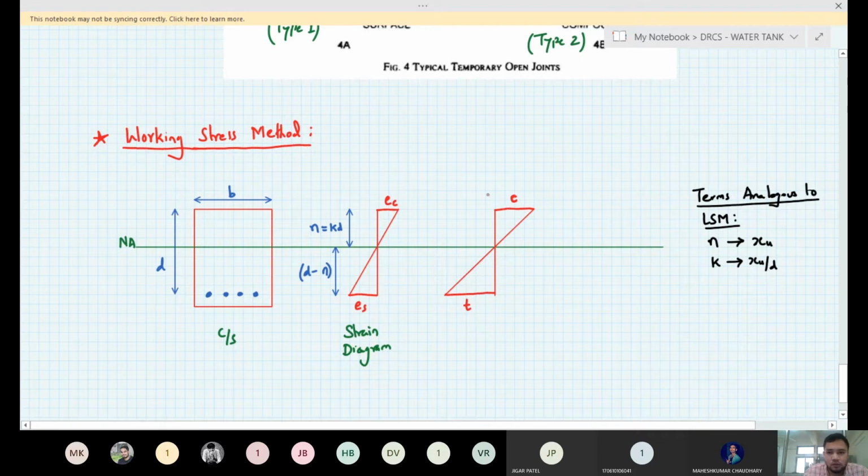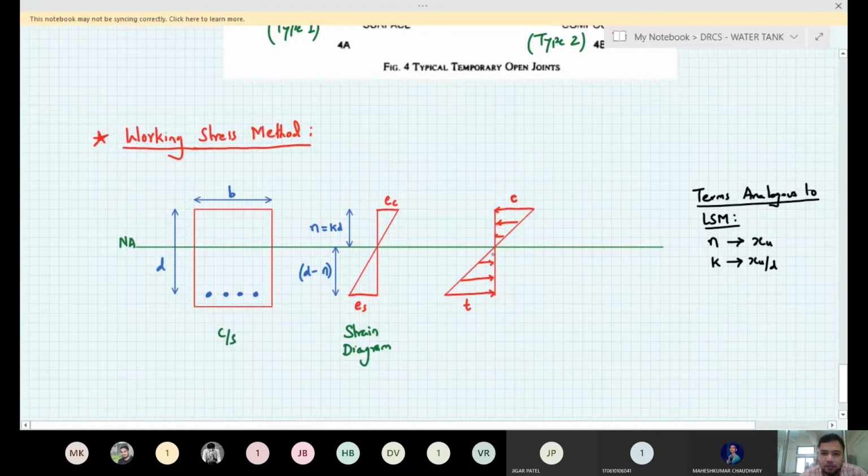In your limit state philosophy, this stress diagram used to be rectangular parabolic. You have a rectangular and then a parabolic portion. But in working stress philosophy, we assume that the stress strain diagram is varying linearly.